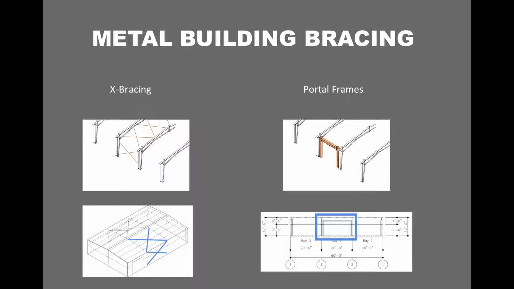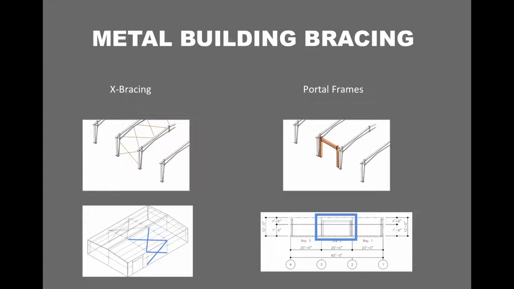You have 2 bracing options. You have X bracing, which you can see here, essentially made up of cables that are bolted to the ground and then run up and are bolted into your primary framework. And this, like I said, pulls everything together.